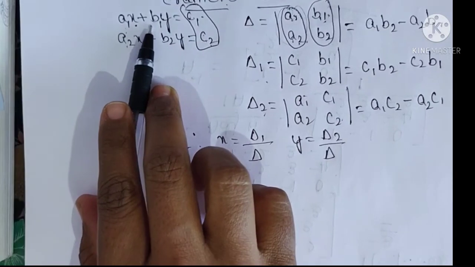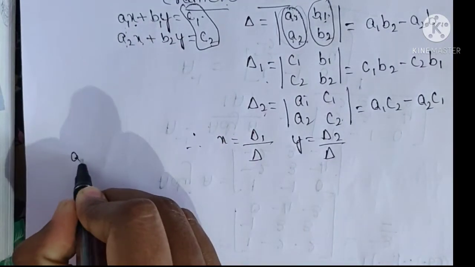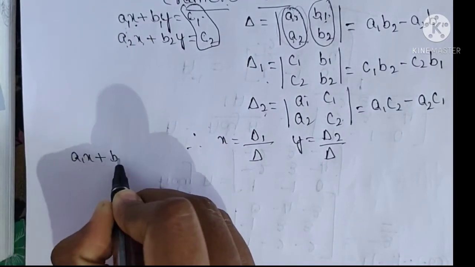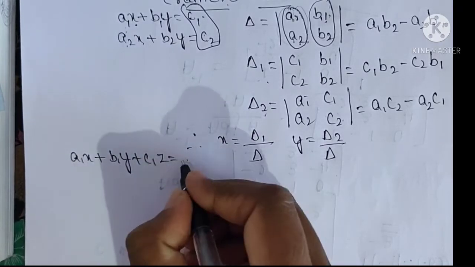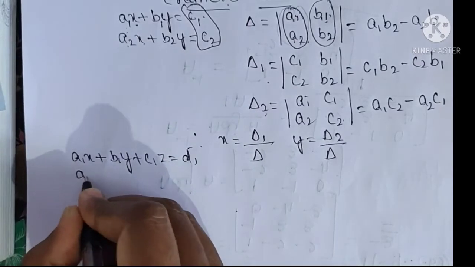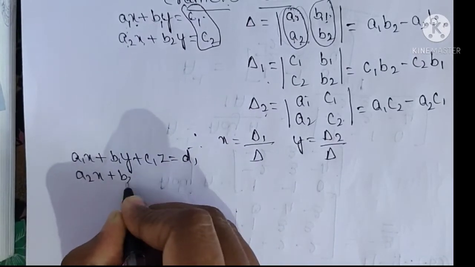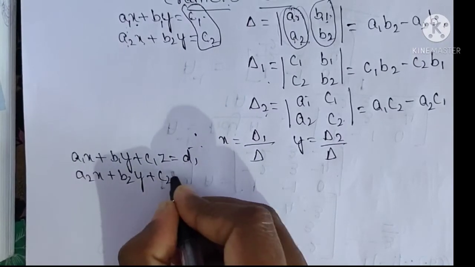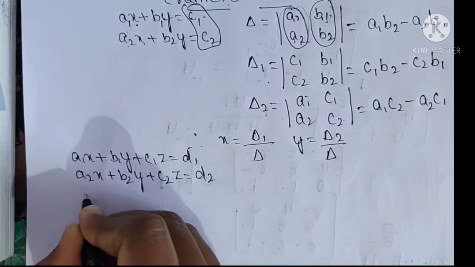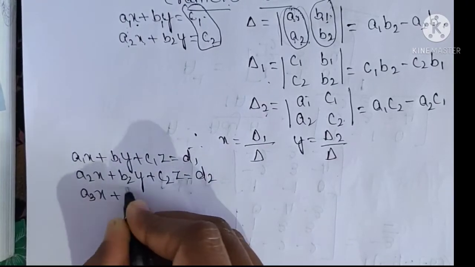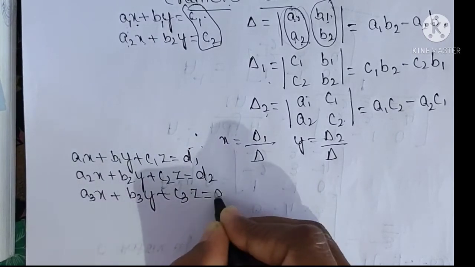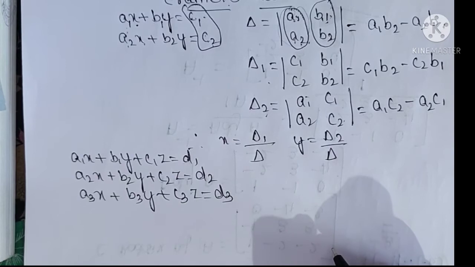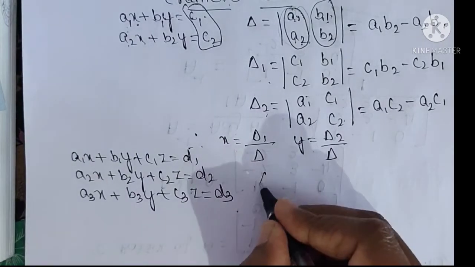If you consider three variables, we have a1x plus b1y plus c1z equals d1, a2x plus b2y plus c2z equals d2, and a3x plus b3y plus c3z equals d3. Here three variables are given.